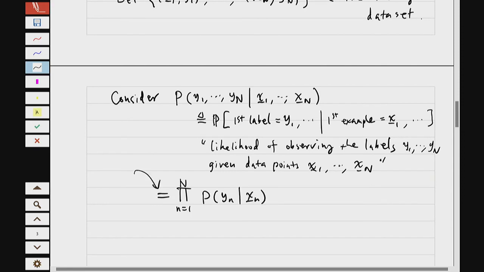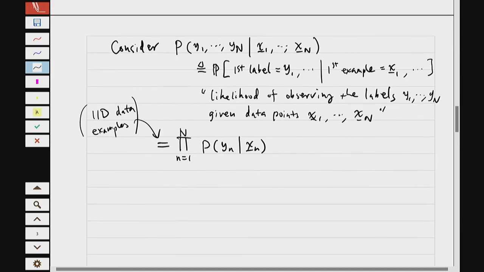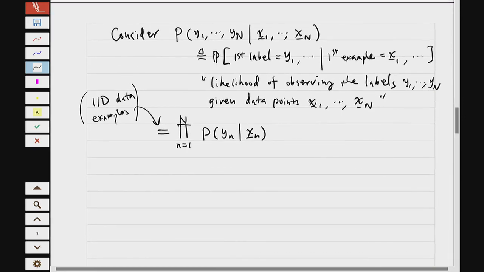Here, this is because we have the IID assumption, IID data samples, or examples. IID stands for independent and identically distributed. You have seen this in your probability course. Any questions?